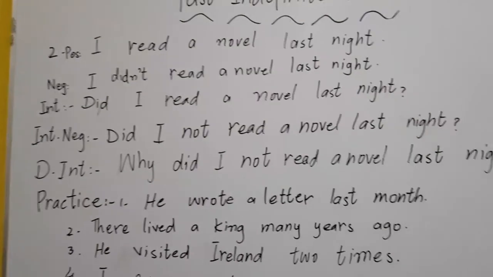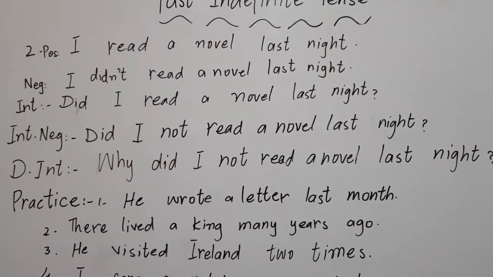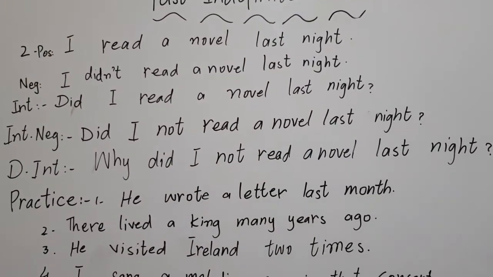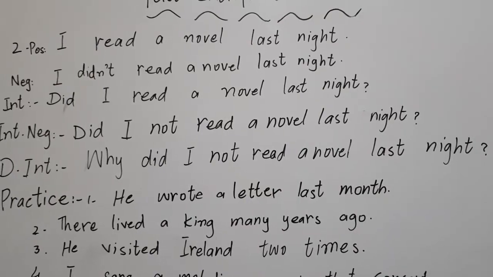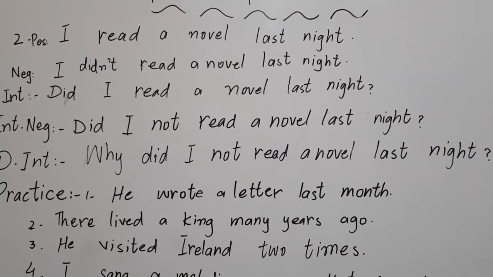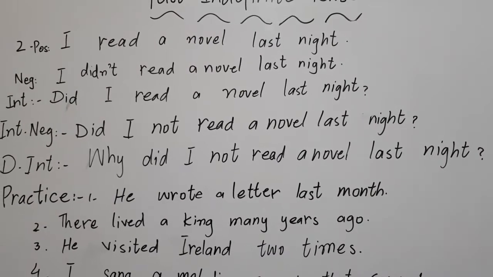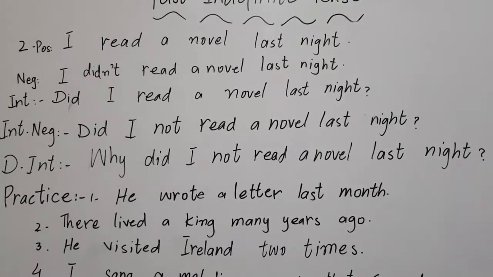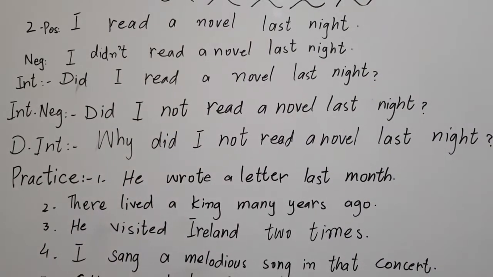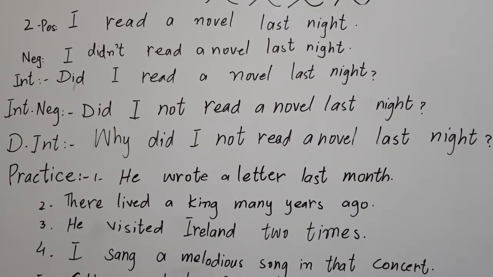I read a novel last night. So remember that the past form of read is pronounced red, though they have the same spelling. I read a novel last night. Negative: I didn't read a novel last night.